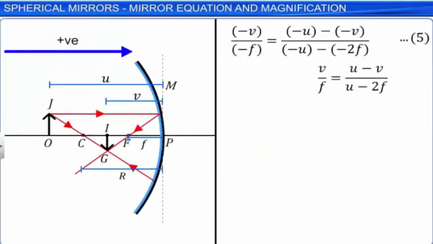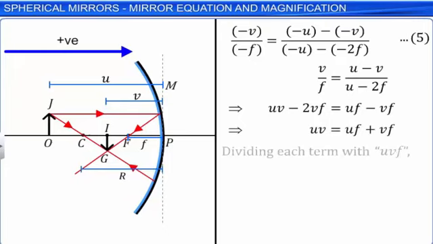On further simplification, we get UV is equal to UF plus VF. Dividing each term of this equation with UVF, we get 1 by F is equal to 1 by V plus 1 by U.